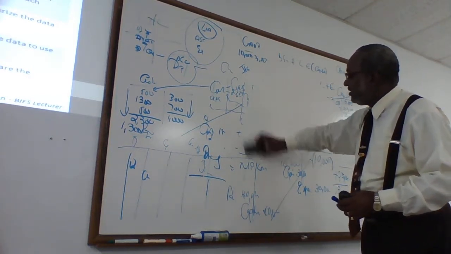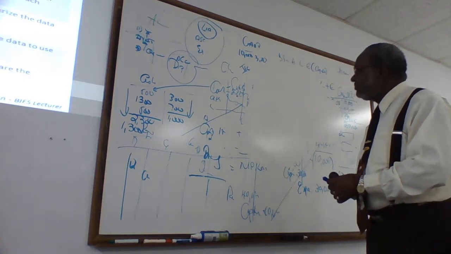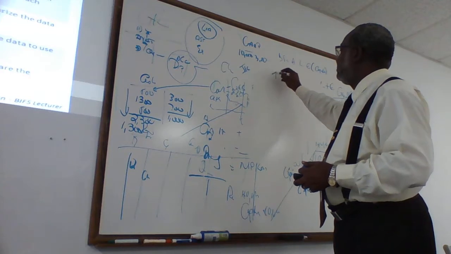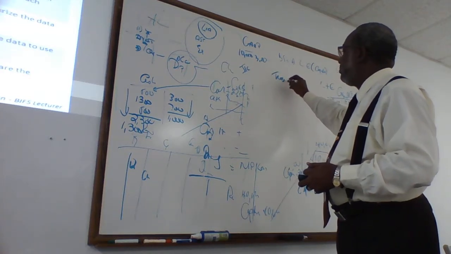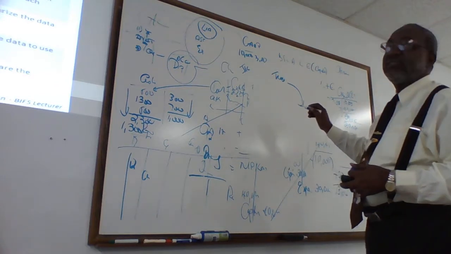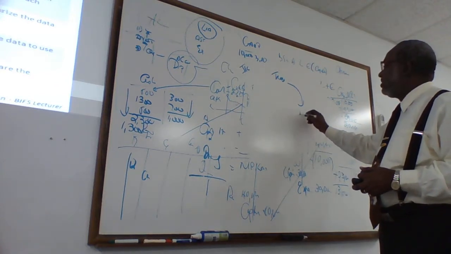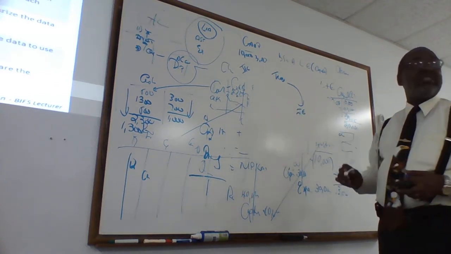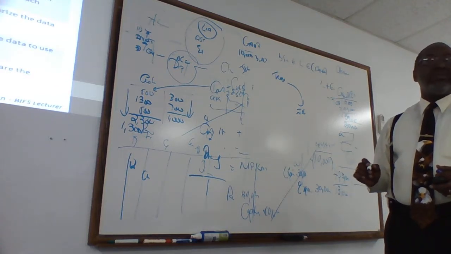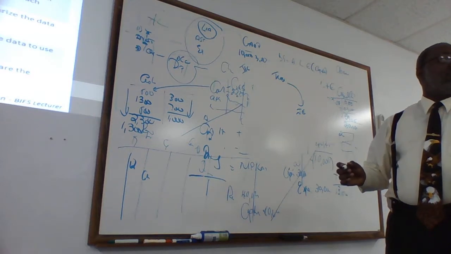The first one. And the cycle begins with what? The transaction. What happened? What's the next step after the transaction? You must journalize every single transaction. And the journal will be consisting of what? A debit and a credit.